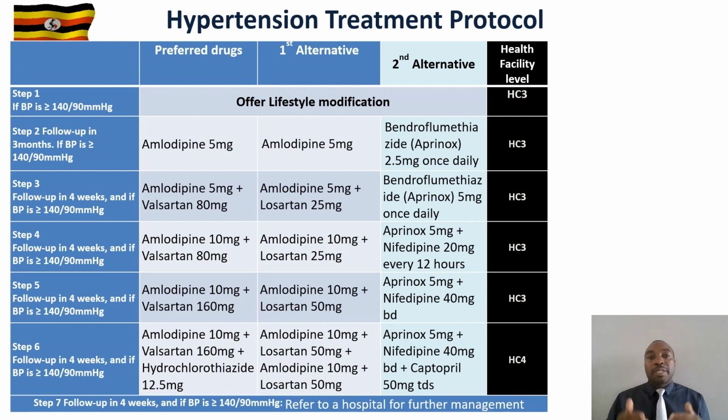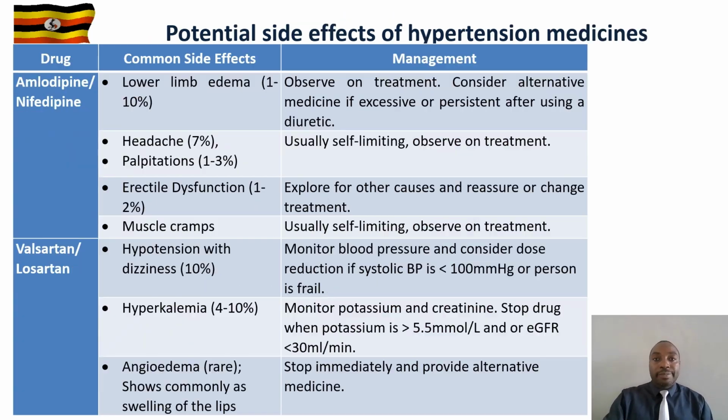So all these treatments can be given at health center 3s, except when we're using triple drugs, where we recommend starting from health center 4 upwards. If someone is still not controlled by that stage, preferably we want them to be managed at a health center 4 upwards if you're introducing a third drug.